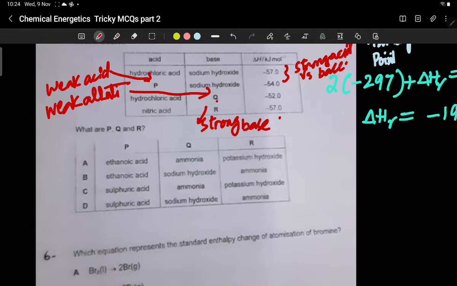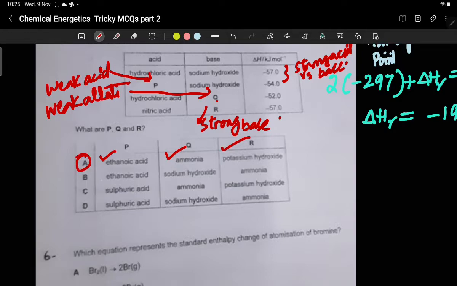What are P, Q and R? P is ethanoic acid, this is correct. Q is ammonia, a weak alkali, so this is also correct. Potassium hydroxide is a strong base, so this is also correct. So option A is correct.